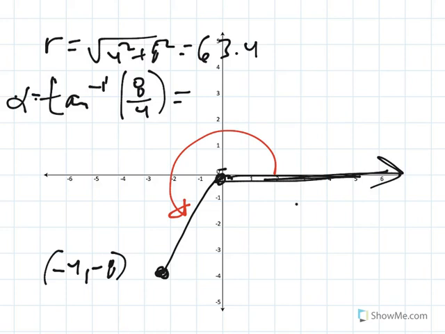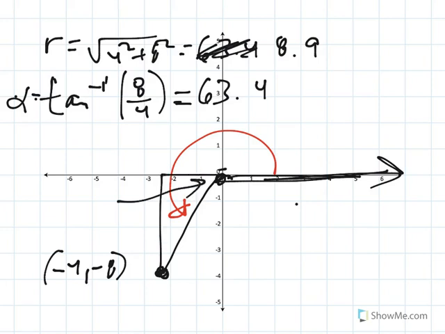And I get 63.4. Sorry, the other one wasn't 63.4, that was 8.9. Positive 63.4. But what I just found was this angle right here called alpha. That's 63.4. But theta is 180, and then keep going that amount.